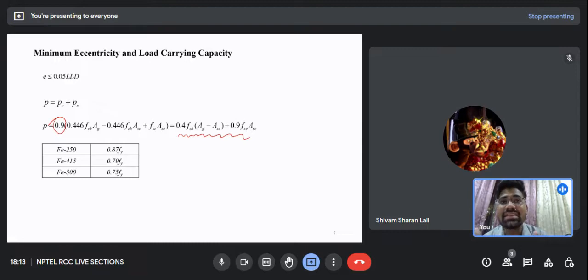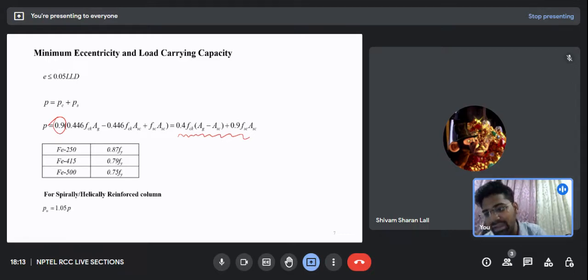But as soon as the eccentricity reduces, the failure in the column would be judged by what? It will be judged mainly by the crushing failure of the concrete, which is very critical and it has no warning. That's why we are reducing the load carrying capacity of that column by 10%. So this was the reason behind this.